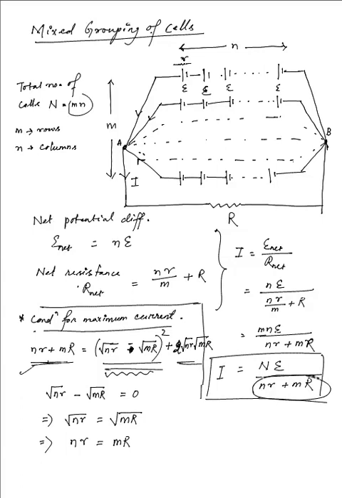With that available to us, we can relate them. So whenever we have nr equal to MR, or we can say that the external resistance is so selected that it is the ratio of the number of columns to the number of rows multiplied with the internal resistance, this is going to give us the maximum current, because this is the condition where the denominator term in this expression is going to be minimum.